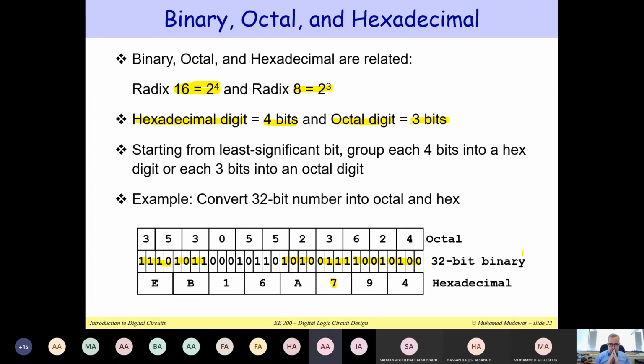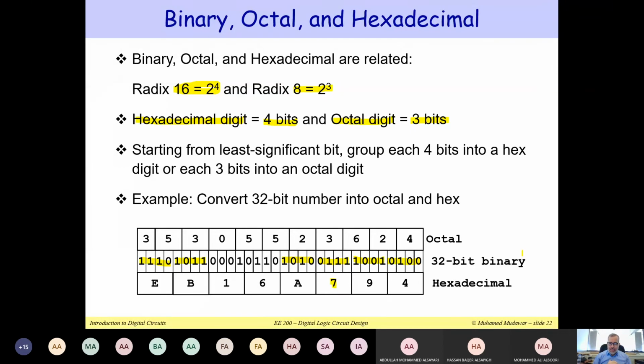Were hexadecimal and octal invented just to simplify binary? They were invented, yes, because rather than writing 32 bits in binary, dealing with ones and zeros, you can easily make a mistake when you are typing or writing them. You can make a 1 into a 0 or a 0 into a 1.